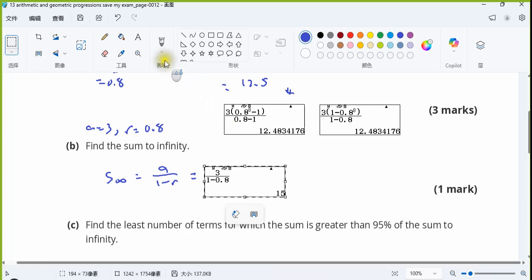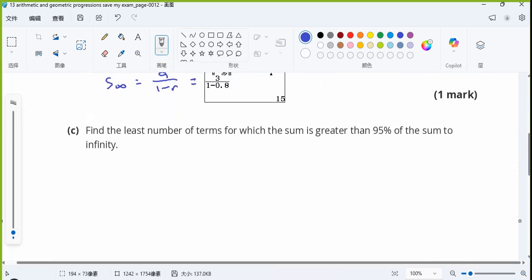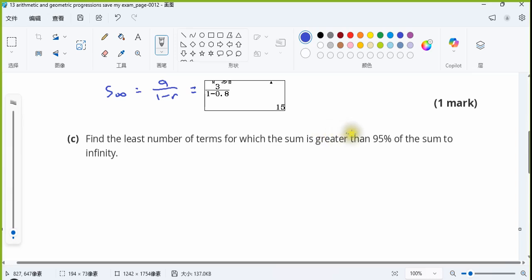And then C, find the least number of terms such that the sum is greater than 95% of the sum to infinity. So Sn greater than 95% of the 15.